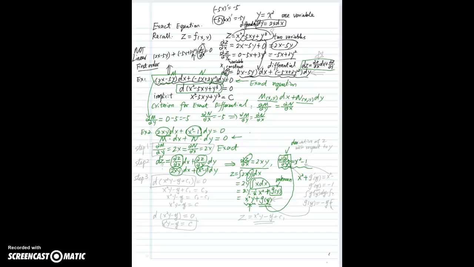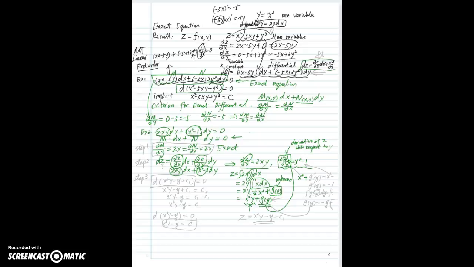And now I can integrate both sides. I will get x squared y minus y plus c1, and the right side is another constant. So now we can combine c2 and c1, subtract c1 from both sides. We can call c2 minus c1 a variable c. So that's why it's actually not necessary to have the c1 here.